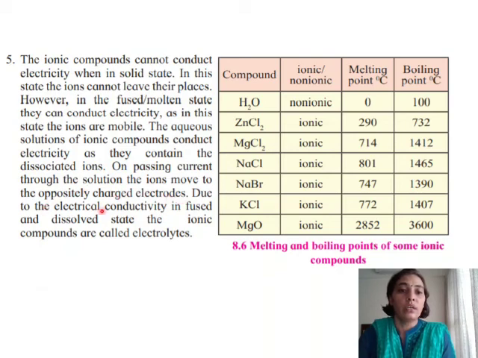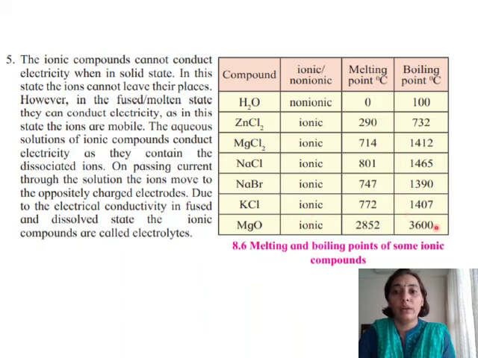Due to the electrical conductivity in fused and dissolved state, the ionic compounds are called electrolytes. So those substances which can conduct electricity when dissolved in water or in fused or molten state are called electrolytes.